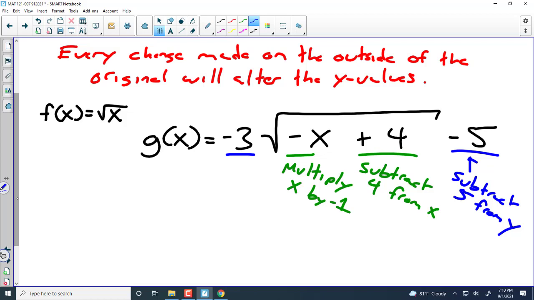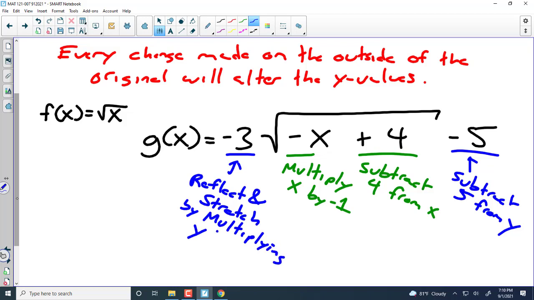And what we can do is reflect and stretch by multiplying y by -3. We can actually do both the reflection and the stretch at the same time, as long as we understand that we're doing two things at once. Because the reflection said multiply all the y values by -1. The stretch said multiply all the y values by 3. Well, multiplying by -1, then multiplying by 3 is the same thing as multiplying by -3.